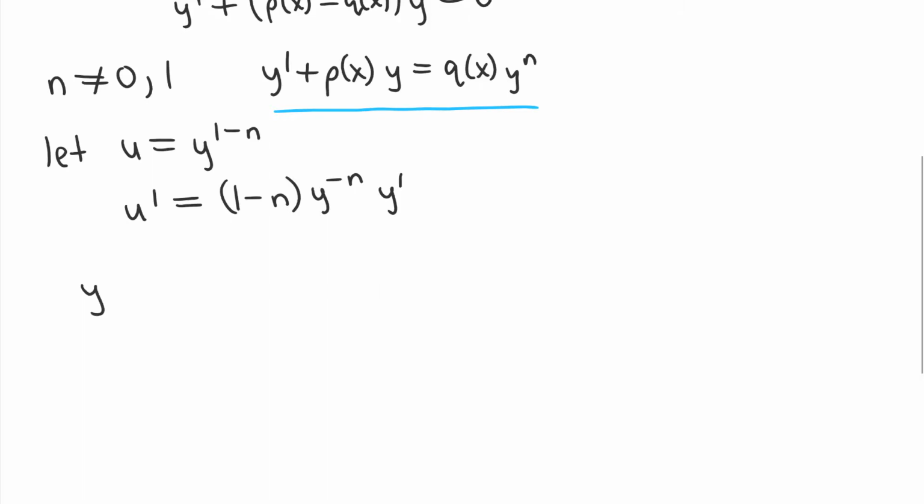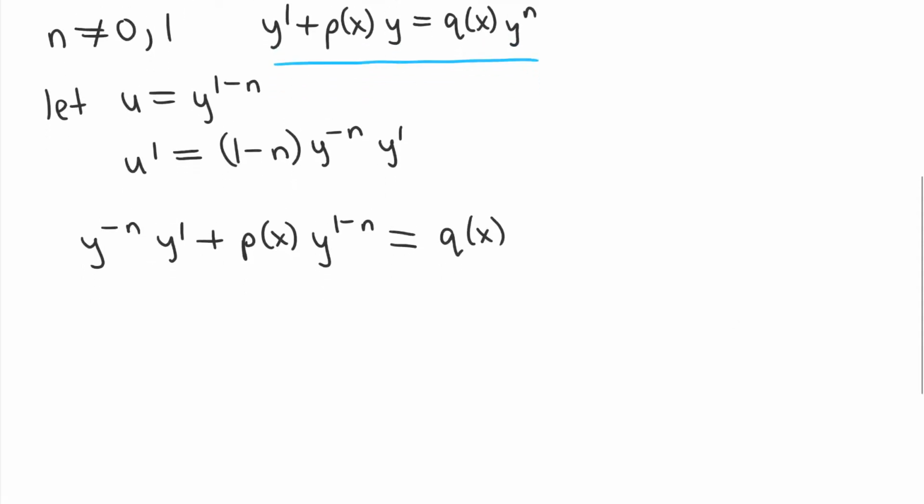I'm going to first get y to the negative n times y prime, plus p of x, and then I'm dividing this term by y to the n, so it becomes y to the 1 divided by y to the n, so it becomes y to the 1 minus n. And on the right side of the equation, of course, we just get q of x, since y to the n divided by y to the n is 1.